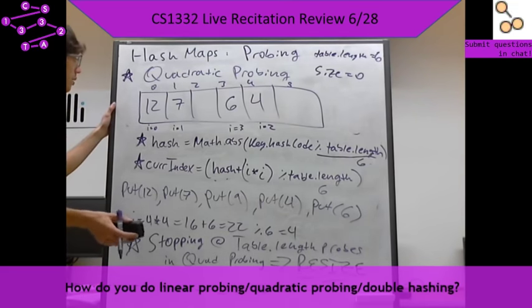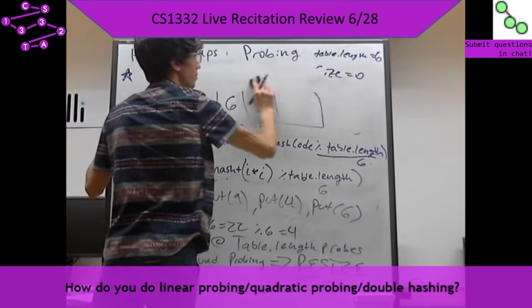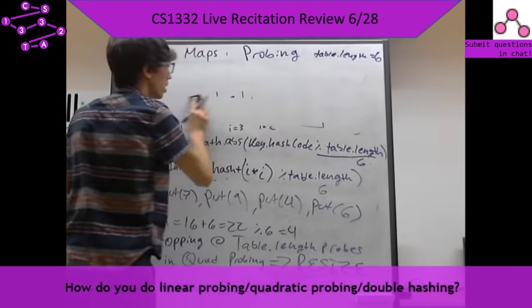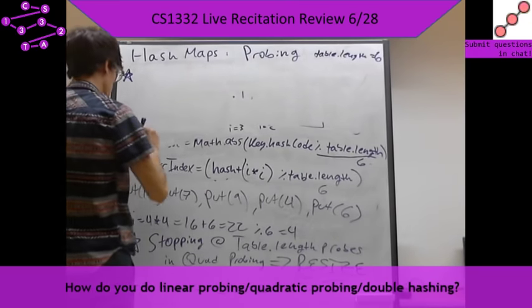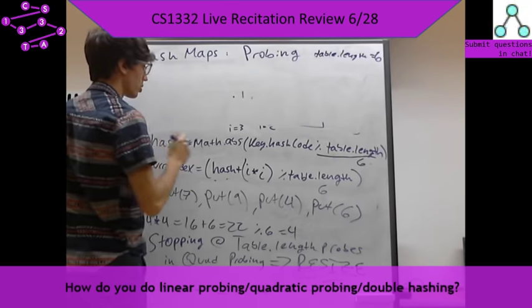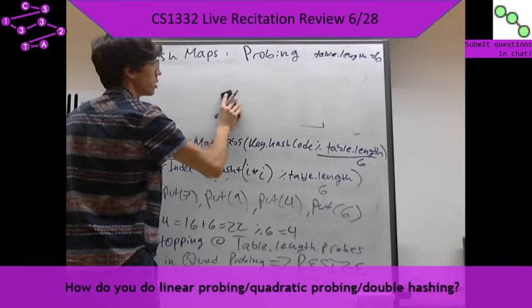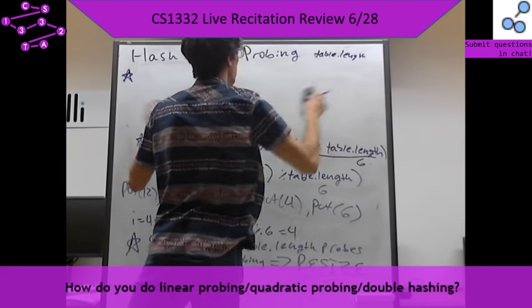Cool. So I think now we're going to move on to double hashing, which is our last type of probing style collision strategy for hash maps.